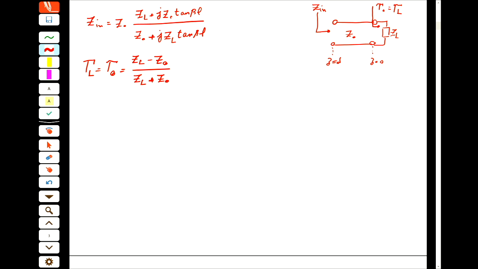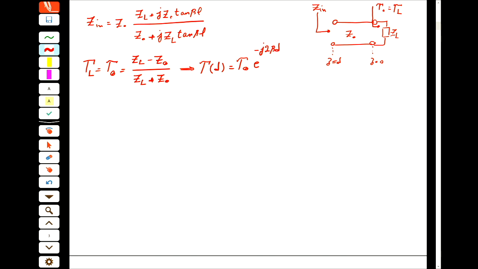And this is the reflection coefficient at the load. And if we want to find the reflection coefficient at any point on this transmission line, then we said that gamma of D, at point D, equals gamma naught e to the power minus J 2 beta D.